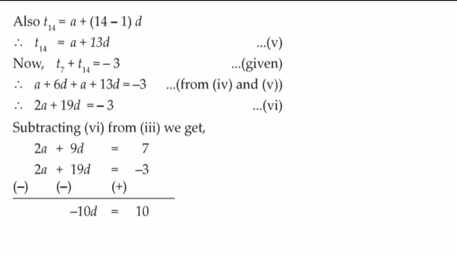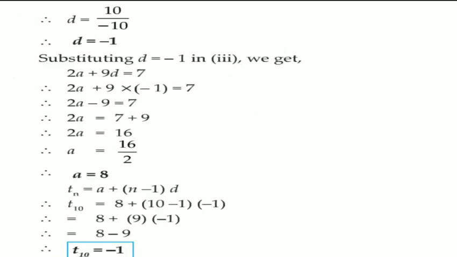And once you know the value of A and D, you can find out the 10th term by using the formula of Tn once again. Okay, so I hope you have understood this and you will try to solve the problem.